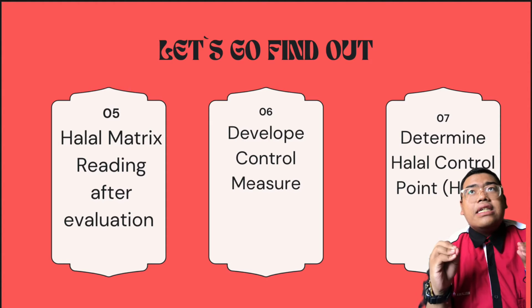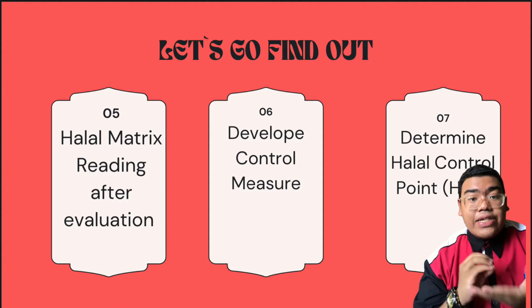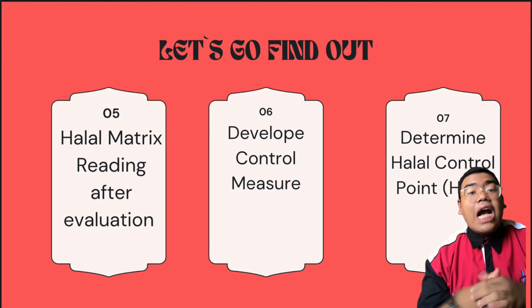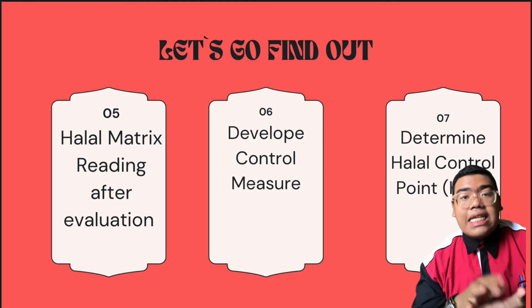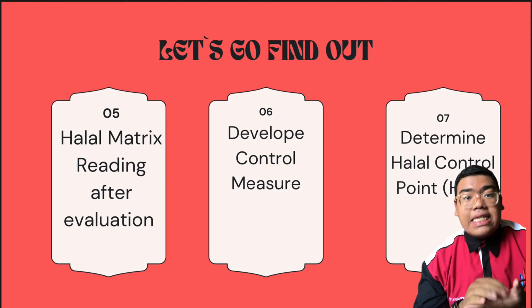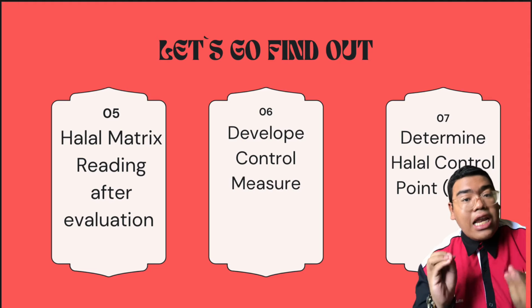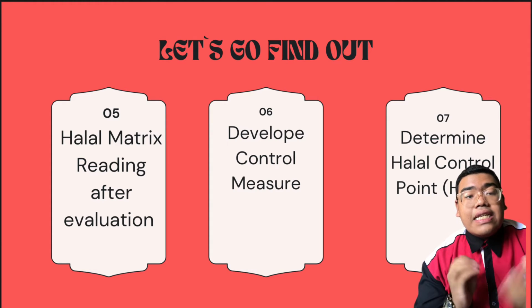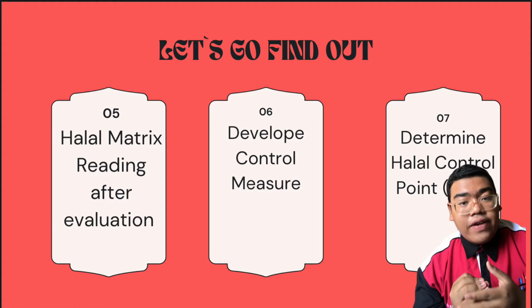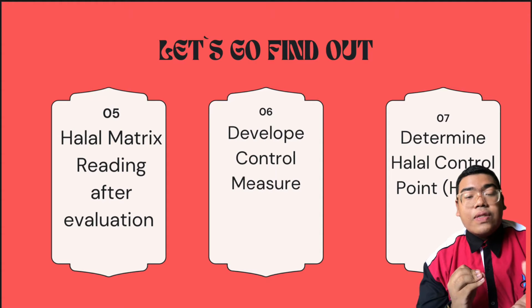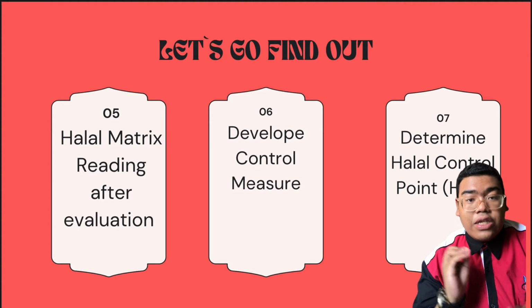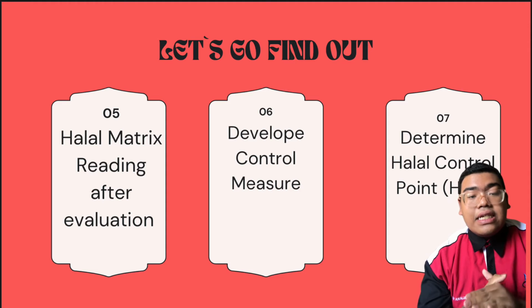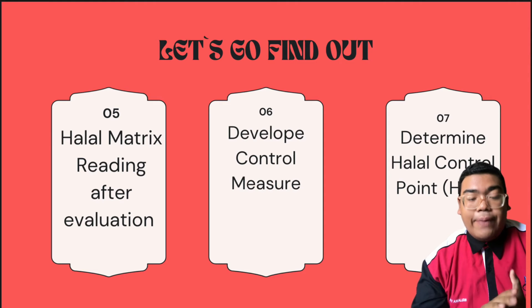If the risk ranking is below 7, which means 6, 5, down to 0, it is not considered a halal control point.